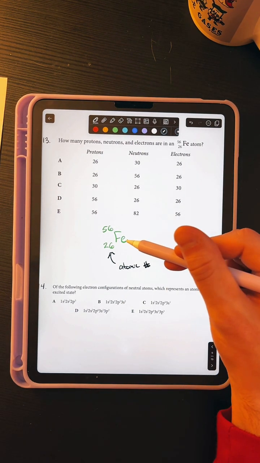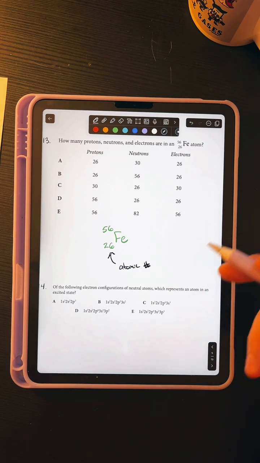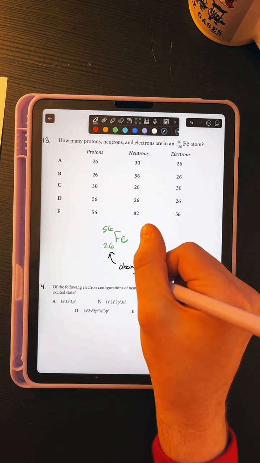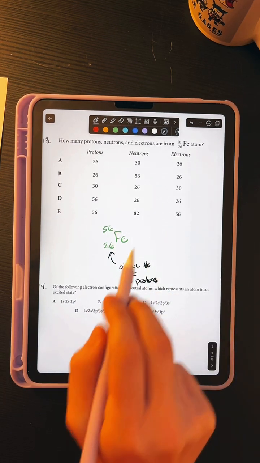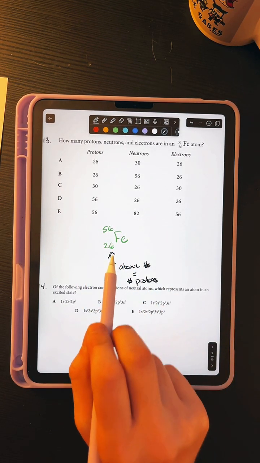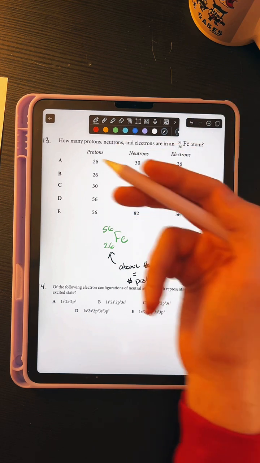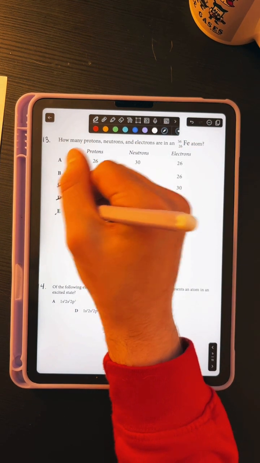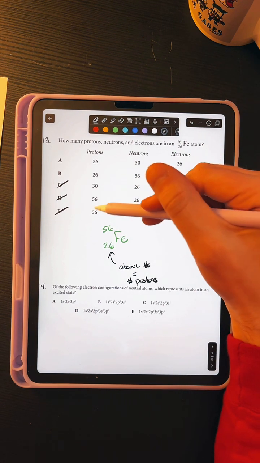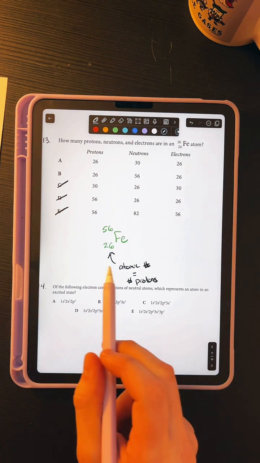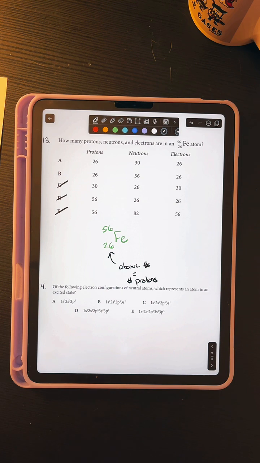And the atomic number equals the number of protons. So this iron atom has 26 protons. Looking at our answers, we can quickly cross off C, D, and E because they have 30, 56, and 56. The atomic number is the number of protons.